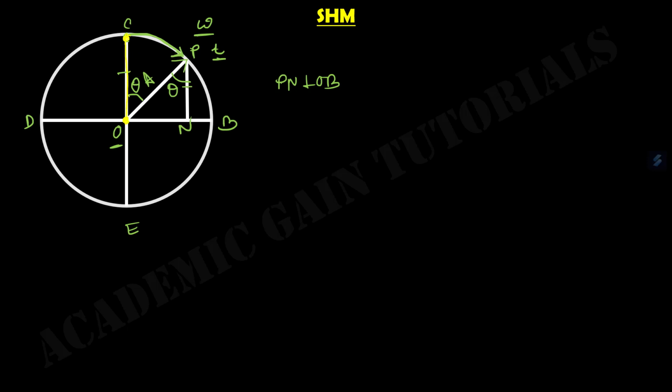And when it moves from C to P, what is the linear displacement? The linear displacement is this particular displacement, which we denote as x. So now we have to calculate this displacement first.